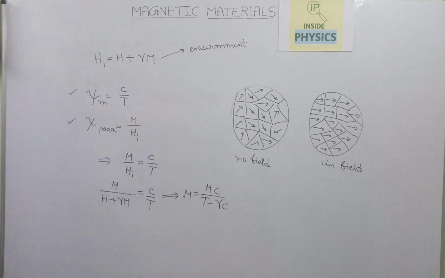This is the magnetization obtained from this formula, where gamma C is a temperature. So we can find the susceptibility from this relation.